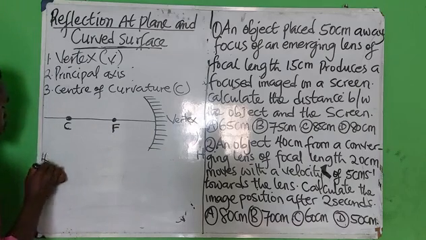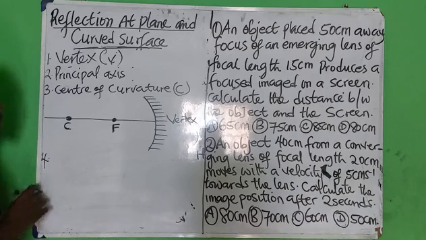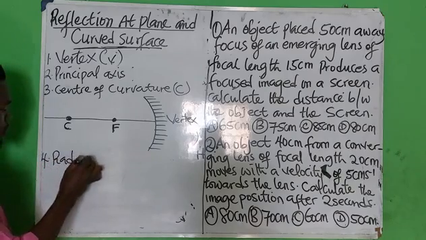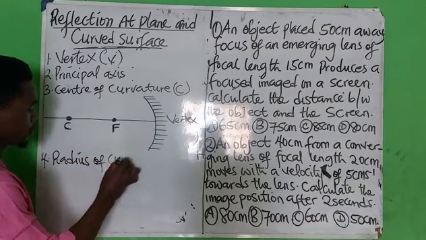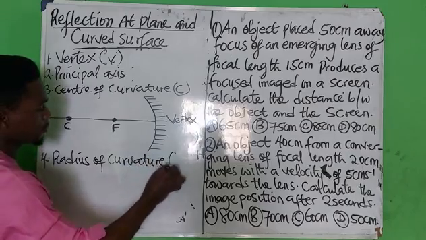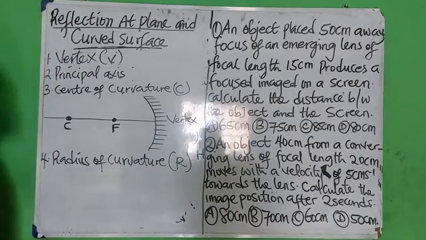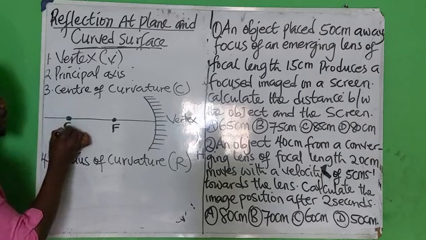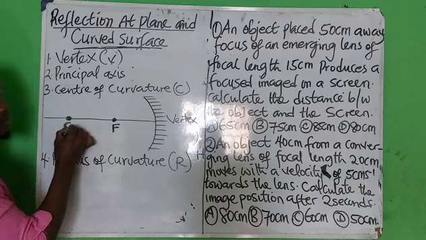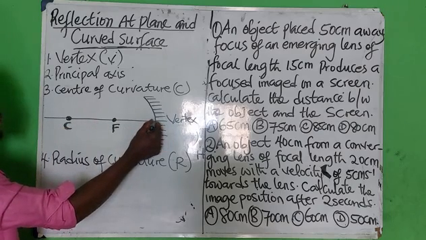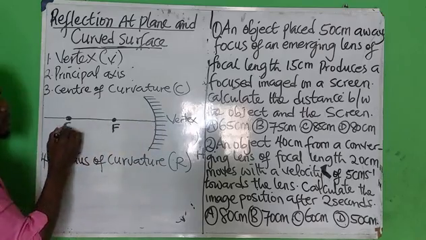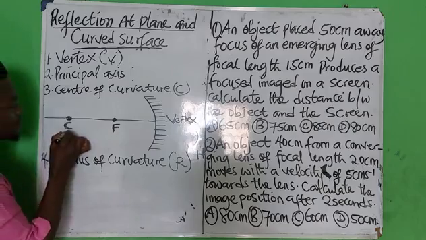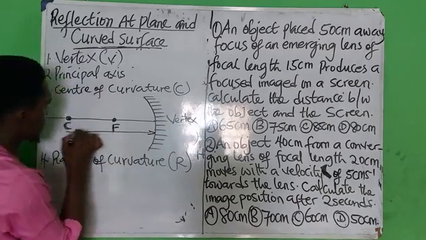Number four term is radius of curvature. Radius of curvature is the distance between the center of curvature and the vertex.